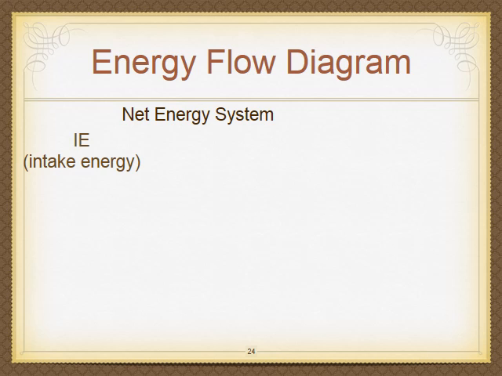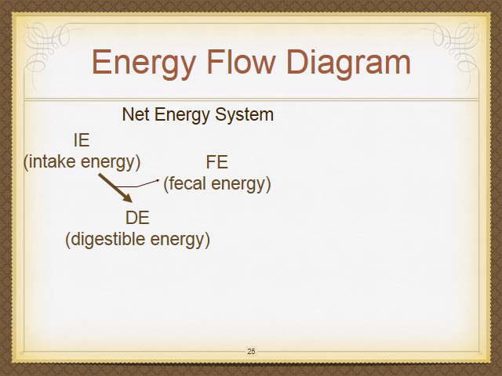So intake energy is the calories consumed. Now, digestible energy is the energy that's left over after fecal energy is removed. The animal's going to have to burn calories in order to make feces. Well, you take those calories away, and we have digestible energy.